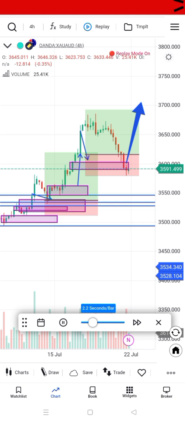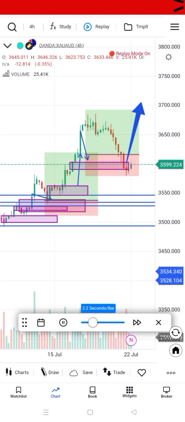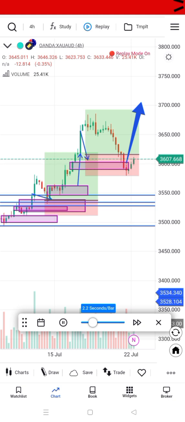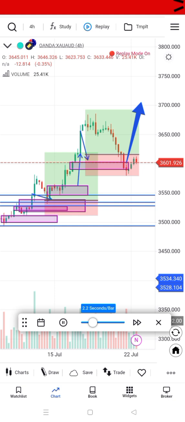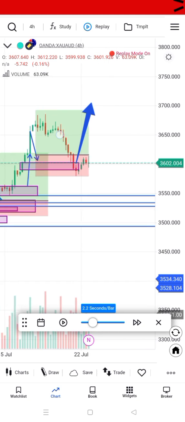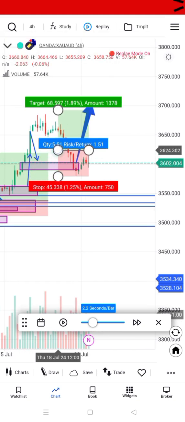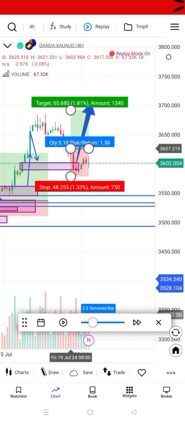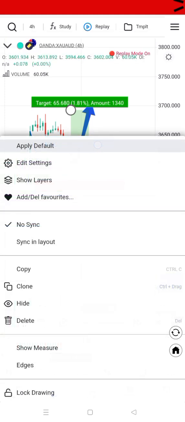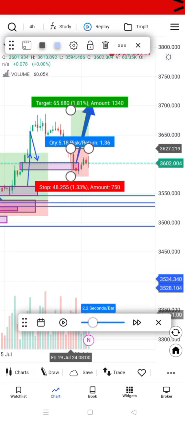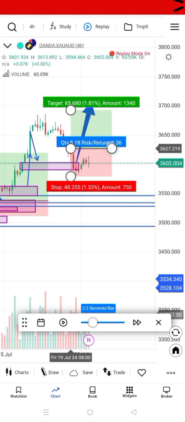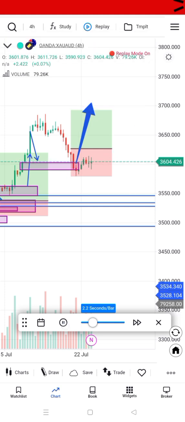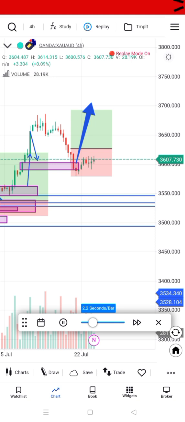From there, since I've seen it has now returned to my zone of interest exactly. And remember guys, this is a 4 hour chart, so it's a period of waiting game. And you see it came, filled that area very well, touched my stop loss very slightly, and went up very well. So let me see whether it will return back and stop me out of that trade.